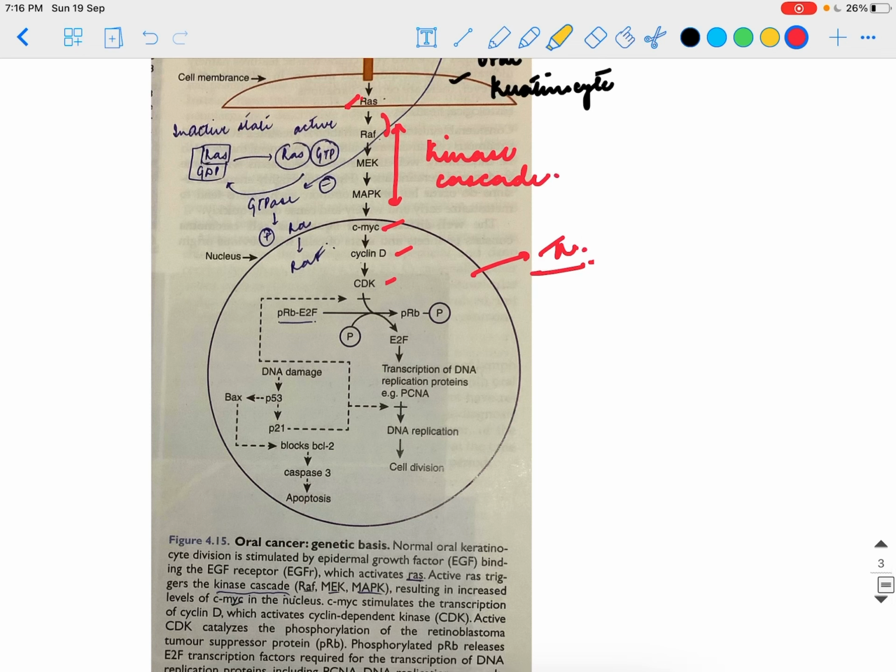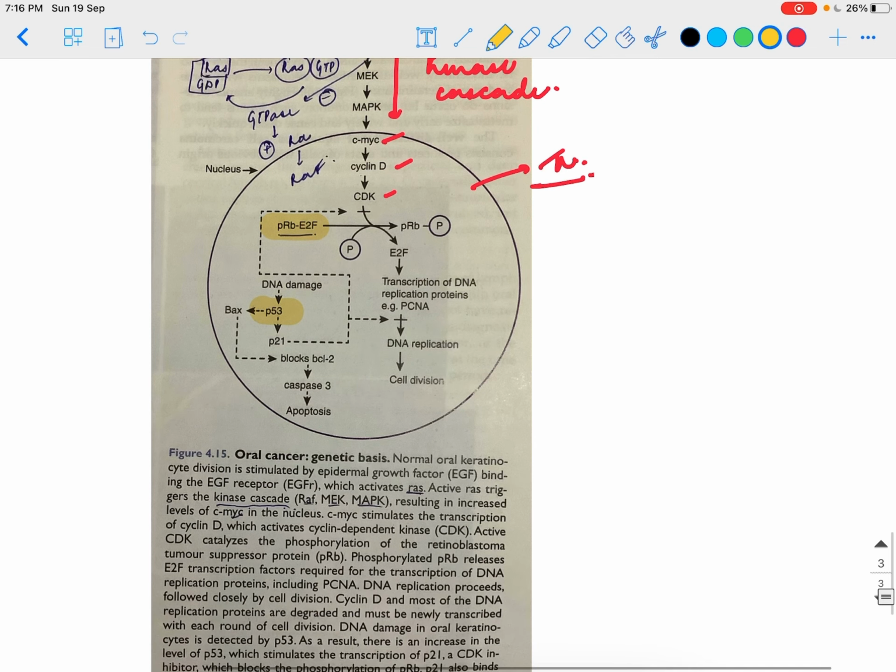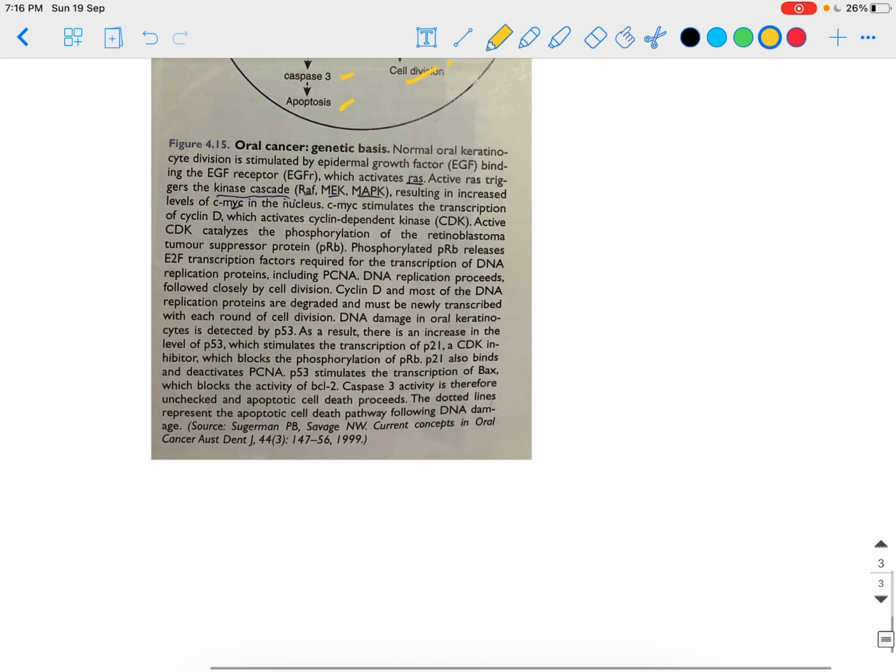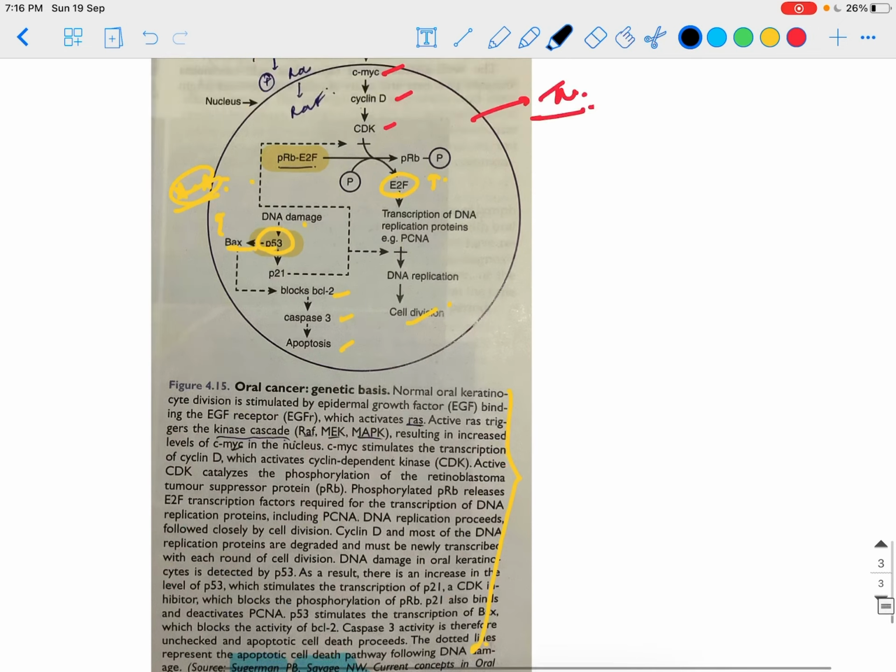There occurs activation of cyclin D kinase, and we have two genes, retinoblastoma and p53. Normally DNA damage is detected by p53, but when it gets mutated it will not be detected. BAX is an apoptosis gene and it causes apoptosis of the mutated cell. This was given by Sugerman and Savage in the year 1990.